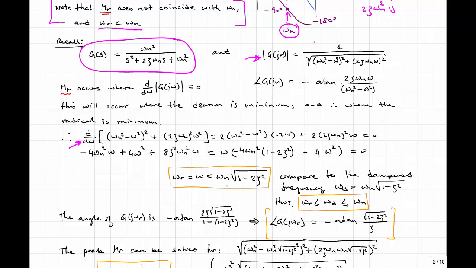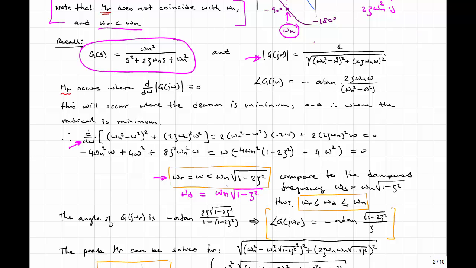And when you do that, we find that omega r is equal to omega n times the square root of 1 minus 2 zeta squared. This looks familiar, but it's not the same as what we have seen before, which is the damped frequency, which has a similar definition. It's omega n times the square root of 1 minus zeta squared.